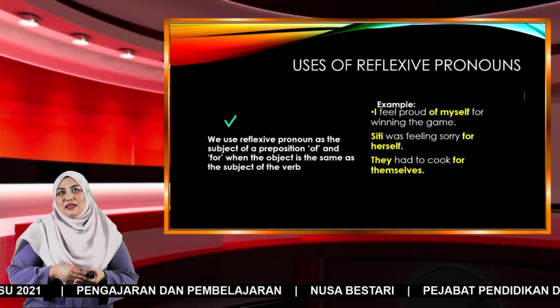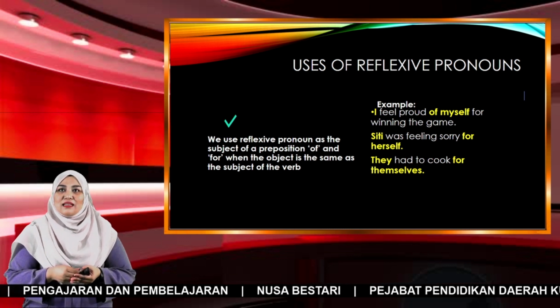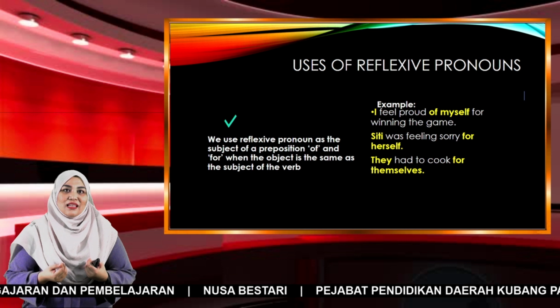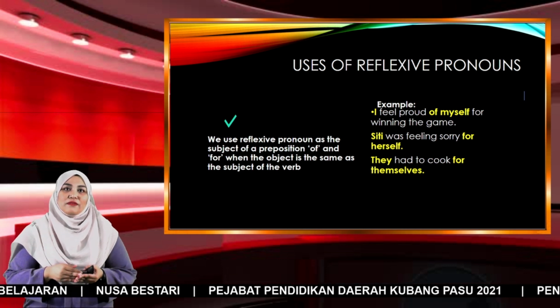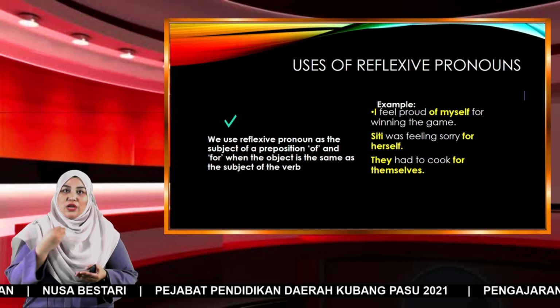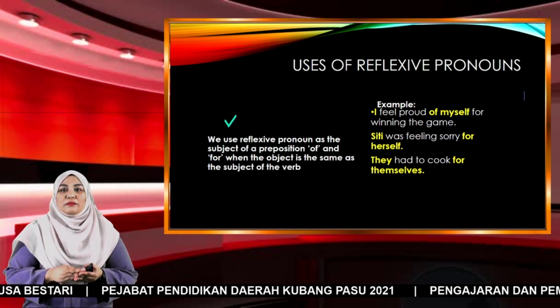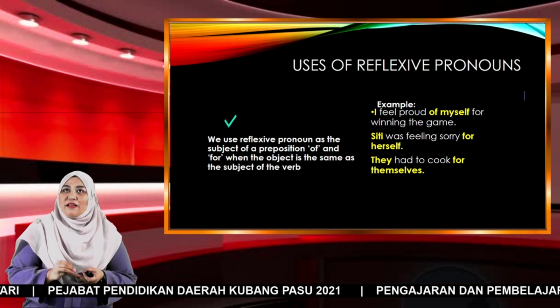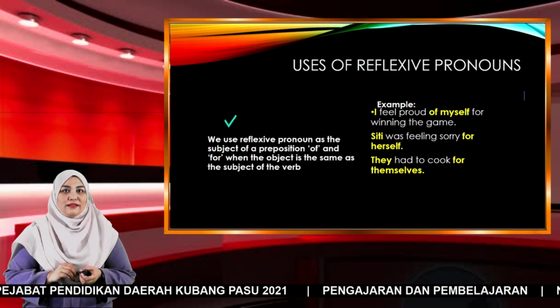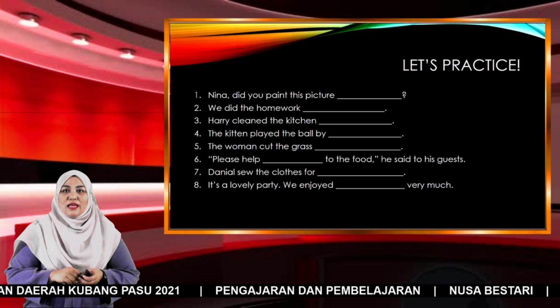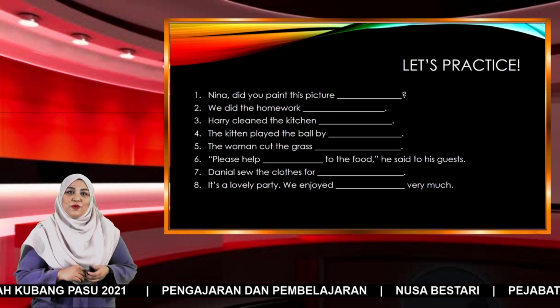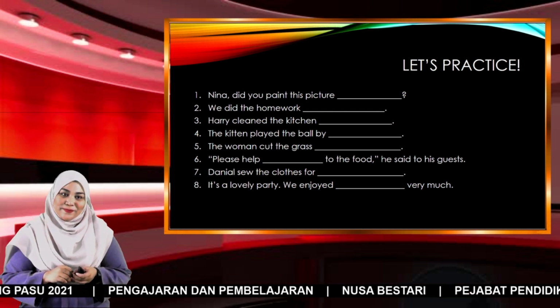So it is kind of wrong because it means they cook themselves. So, they had to cook for themselves. It means they cook for their own dinner. If they themselves cook the food, then that is correct. That is okay. Okay, let's take a look at the questions so we can practice together.